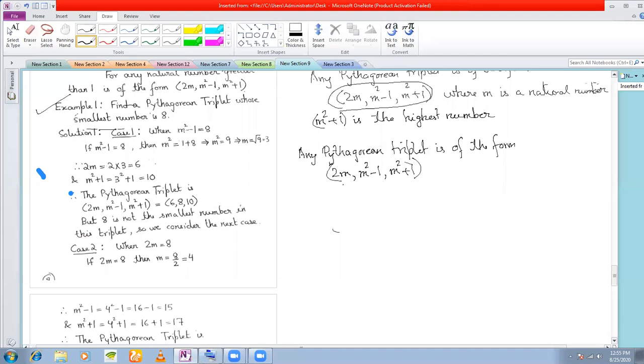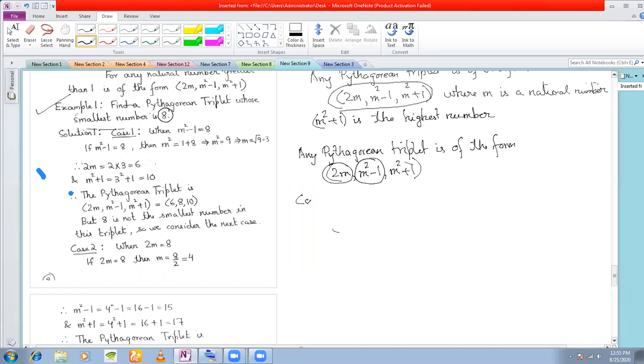Okay, where obviously m square plus 1 is the highest number. Now, it is said in this question that the smallest number is 8. Now, smallest number 8 means either this can be the smallest number or this can be the smallest number. So we have two cases.